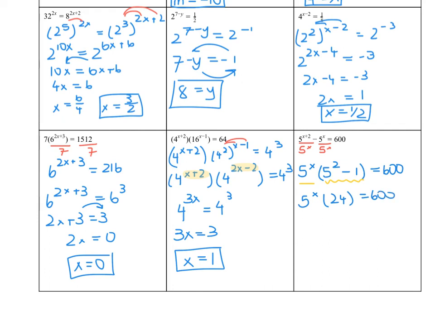And now, yes, that 24 is kind of useless to me, but I can divide both sides by 24, and then I fixed my problem. So that I have 5 to the power of x equals 25. And now I can get a common base and finish this off. So 5 to the x equals 5 squared, so x equals 2.